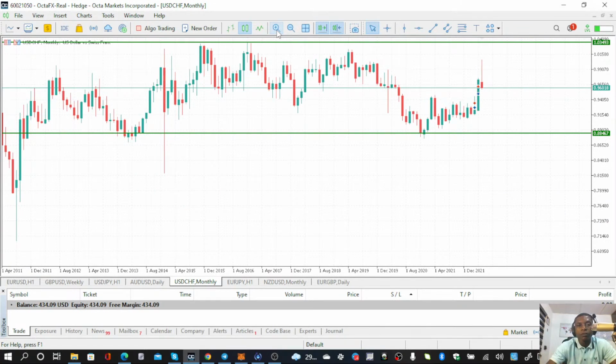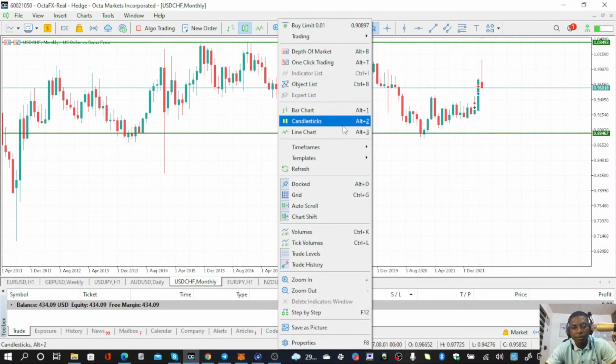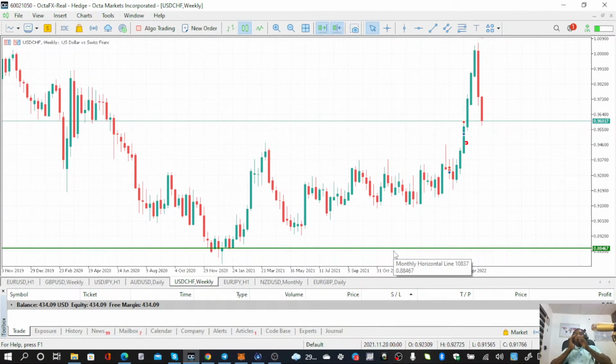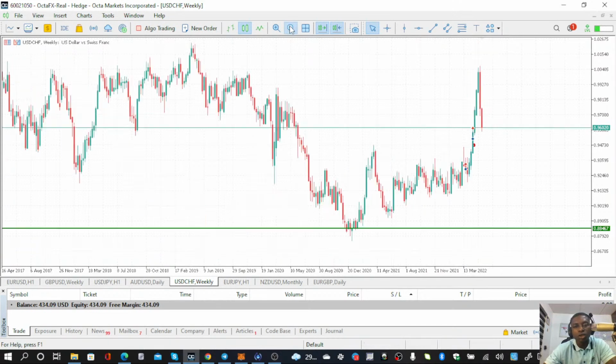Let's now go to the lower time frame, which is the weekly time frame. Now, on the weekly time frame, we can see an interesting story being told on the chart. What interesting story is that? First, let's identify our support and resistance within these levels.